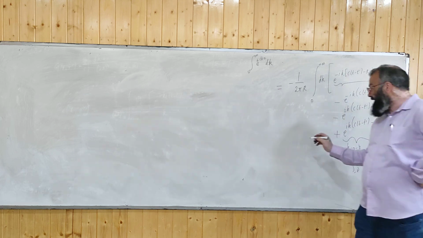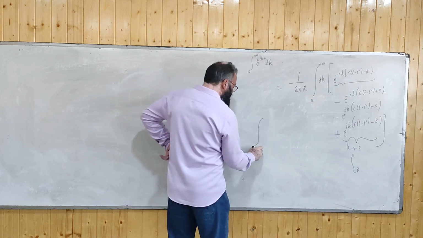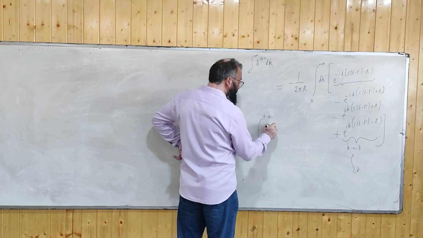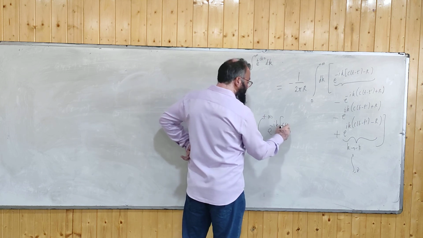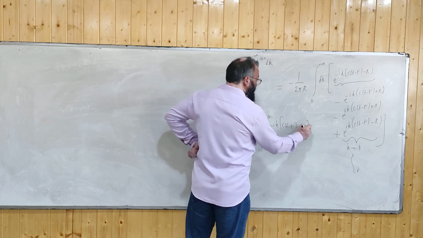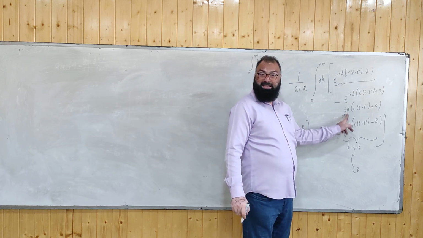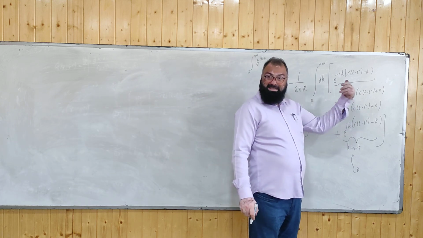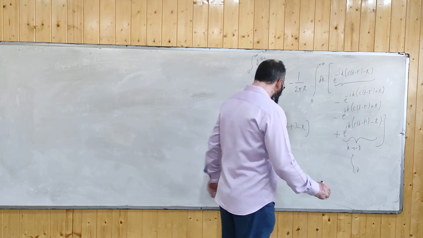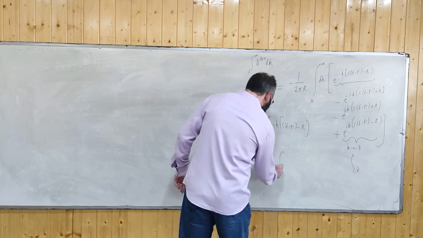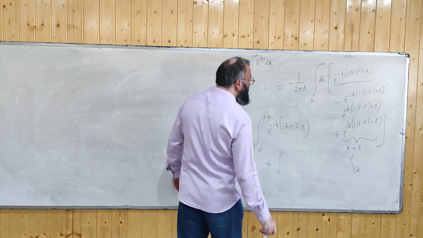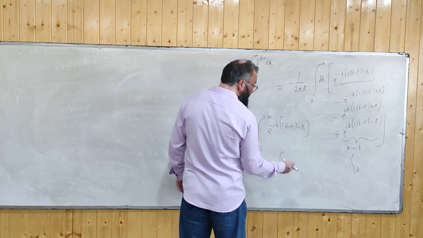Clear? So one term you will be getting is the integral from minus infinity to plus infinity of e raised to the power minus i k c (t minus t prime minus r). In the other case as well, you change k to minus k. So what will happen? Minus infinity to plus infinity, the same thing. So you will be getting another integral, and that will actually be plus.